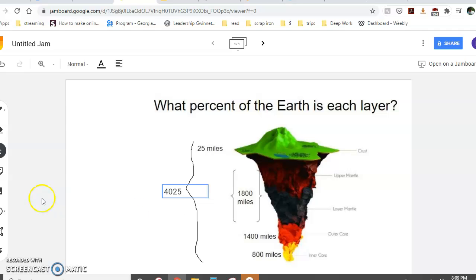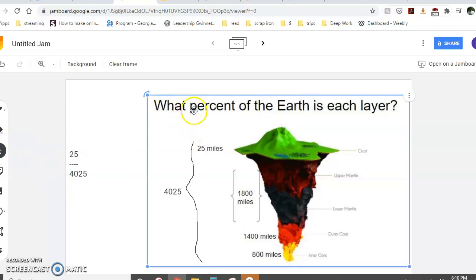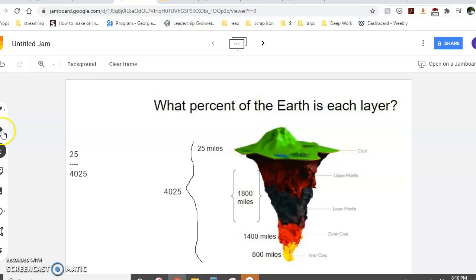So when we set up these ratios, they're part to whole and part to whole. If you recall, that's how we set that up. If I want to start with the crust, it is 25 out of the 4,025. And then the other ratio is out of 100 always, and we're looking for the percent, so we don't have that. What percent is it?